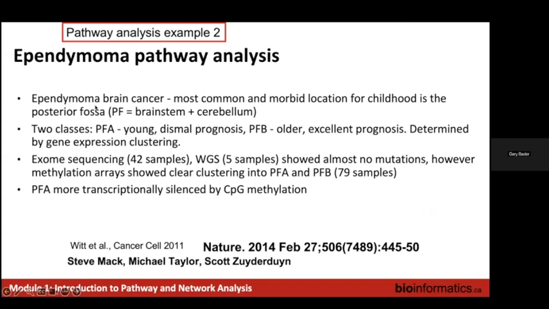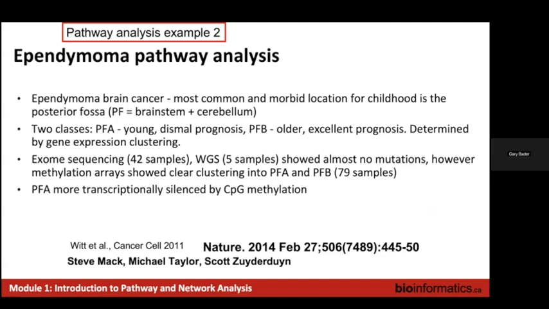And for a long time, people had known that it could occur in different anatomical regions in the brain. And based on where it occurred, they also knew that it had different outcomes. And in particular, if it occurred in the back of the brain, in the posterior fossa, which is the brainstem and the cerebellum, it was the worst possible anatomical location for outcome.